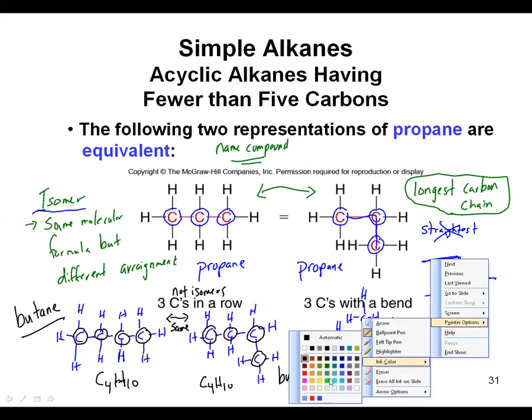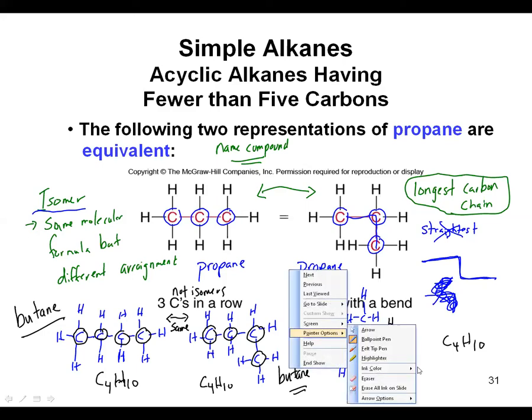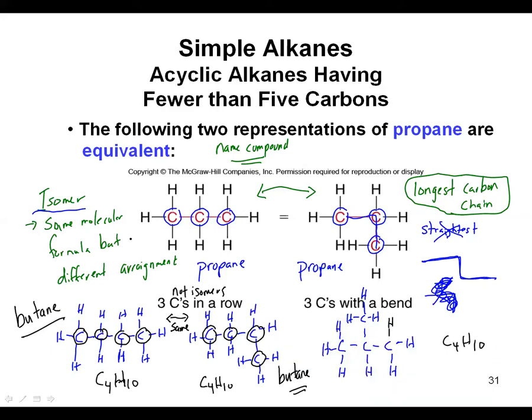And if we look at this last guy on the right, let's try that again. Yeah, there we go. All right, so it has 1 carbon, 2 carbons, and 3 carbons only in a row.